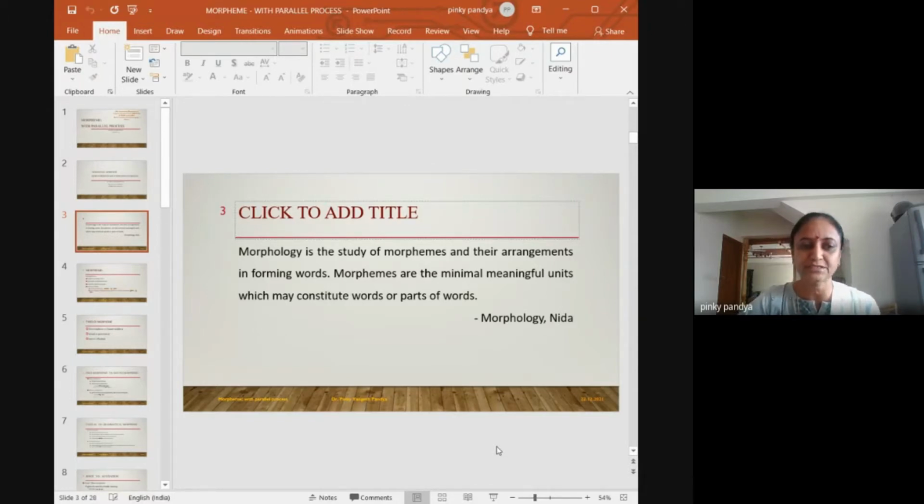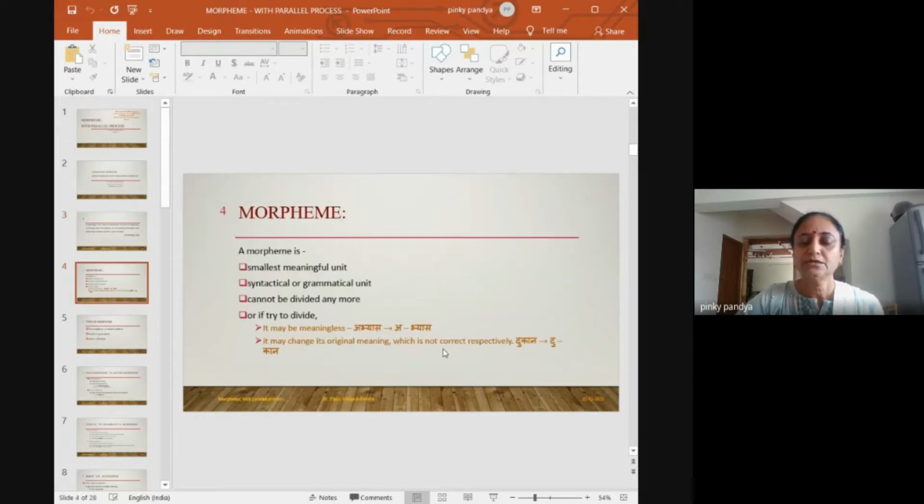Whenever we have discussed the morpheme, mostly we have discussed its formation, how a morpheme is constructed. We define the morpheme as the smallest meaningful unit. It is a syntactical or grammatical unit, and it cannot be divided any further.